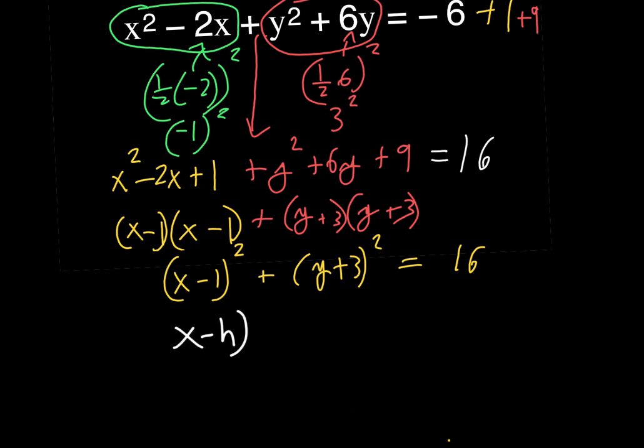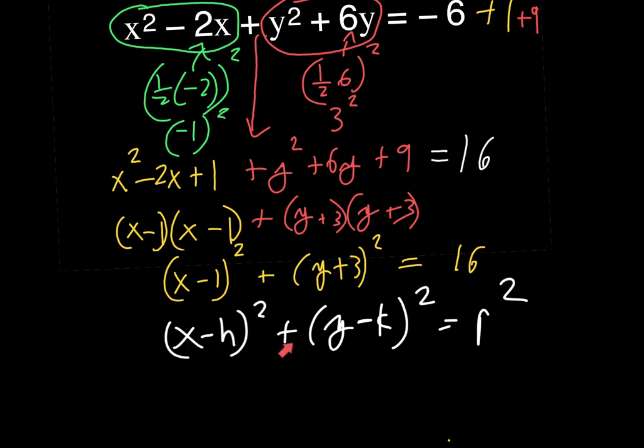X minus h squared plus y minus k squared equals r squared. This we had on the last slide. That's the standard form for a circle. I now have it in the standard form for a circle.